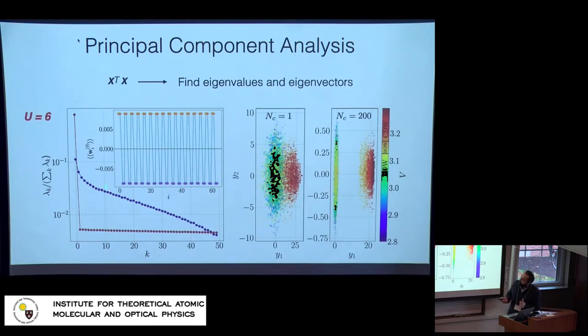So the most important linear feature will be encoded in the eigenvector corresponding to the largest eigenvalue of the covariance matrix. What I'm plotting here as these blue dots is the weighted eigenvalues of this covariance matrix, and you can see that there is a large eigenvalue, then everything kind of goes down.